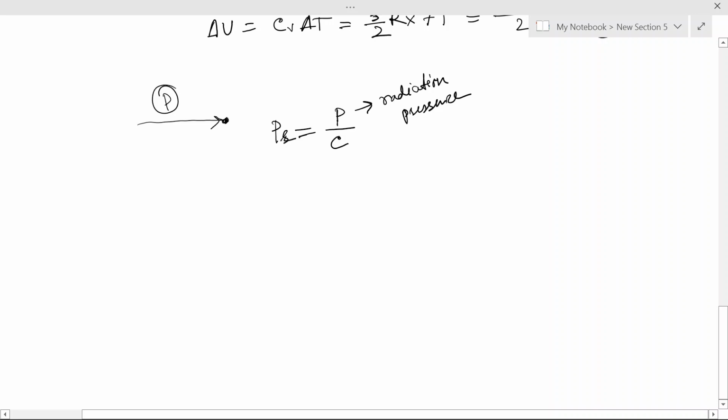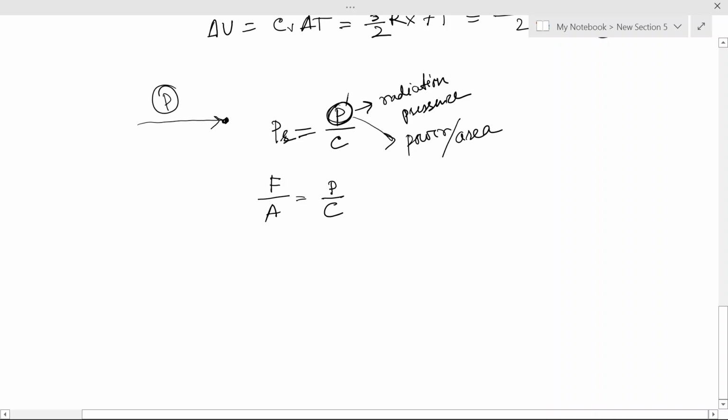So we have to find the kinetic energy. So the force, the pressure is actually the force by area is equal to P by C. Actually, when we say this is power, this is actually the power per area.